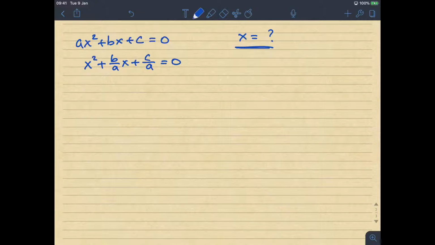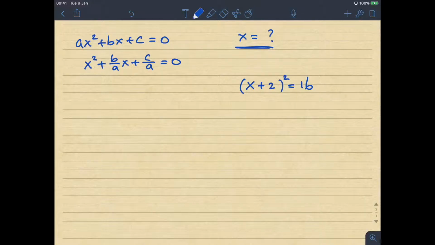Okay, next we need to do something called completing the square. Now the reason why we want to do that is, let's say for example I give you this equation and I'd like to solve for x. It's quite simple, right?